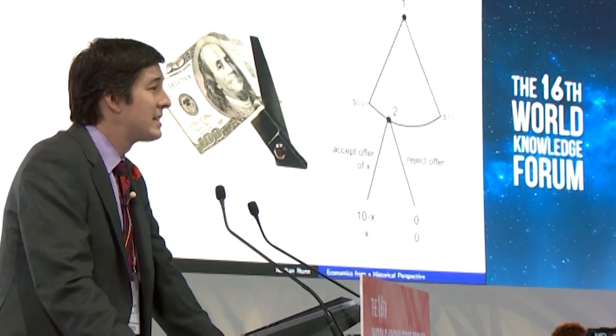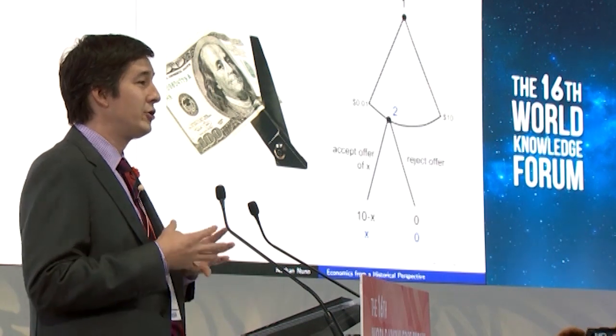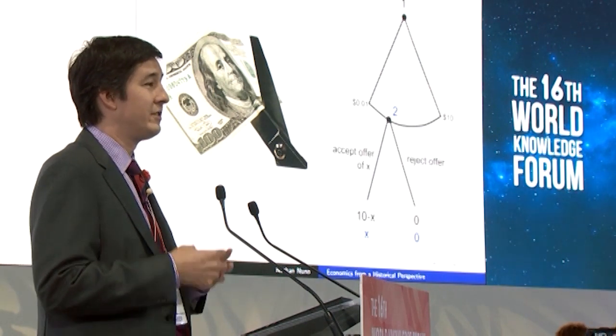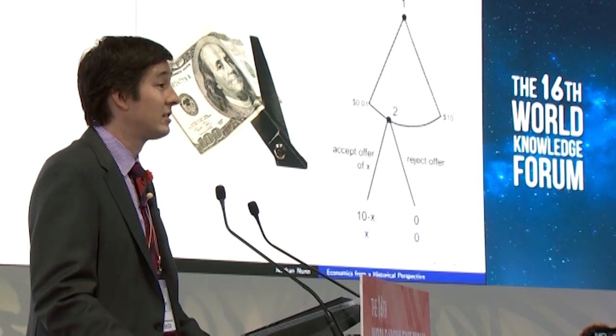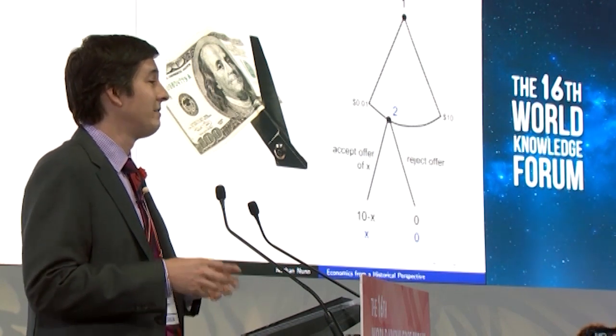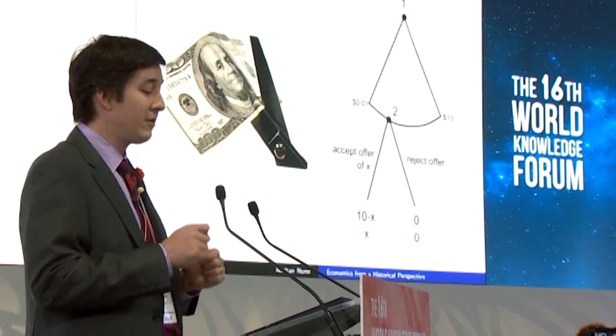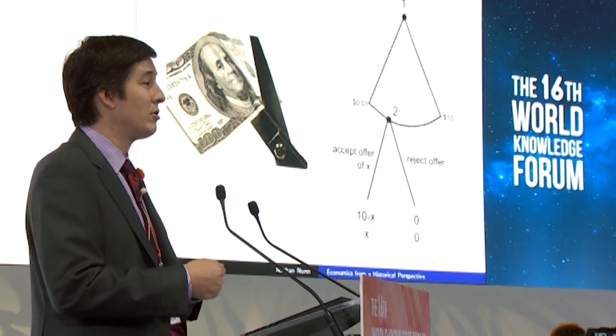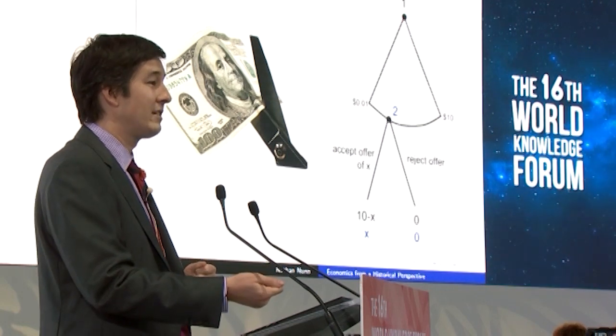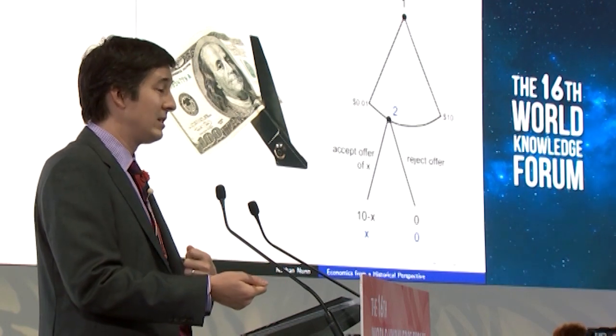It's very famous within economics. Basically, there are two players dividing an amount of money. In the example shown here, it's $10. And this money is divided in a very specific way. First, player one proposes a division, an amount for player two to get and an amount for himself to keep.